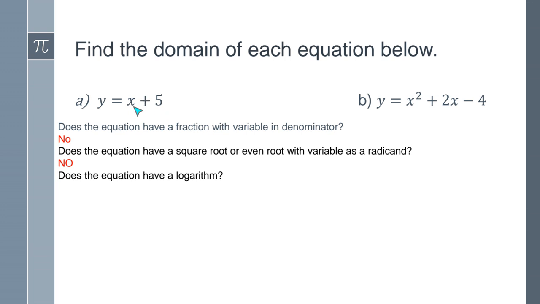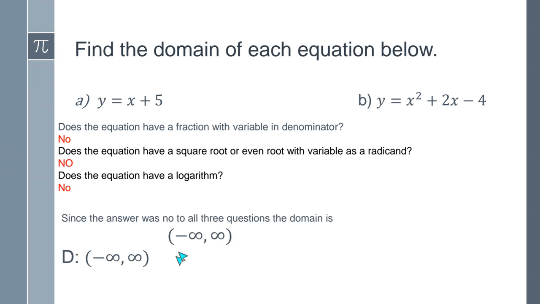Since we're able to say no to these three questions, our domain is going to be negative infinity to positive infinity. If I were to sketch the graph, this is just a line that goes like this.